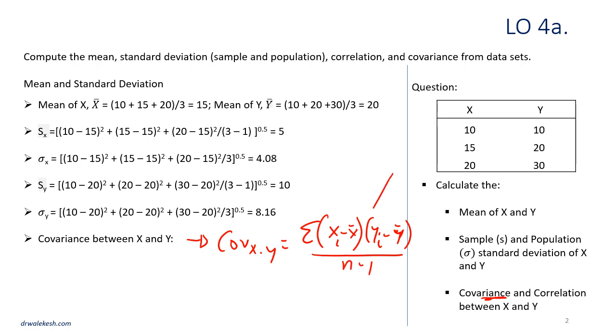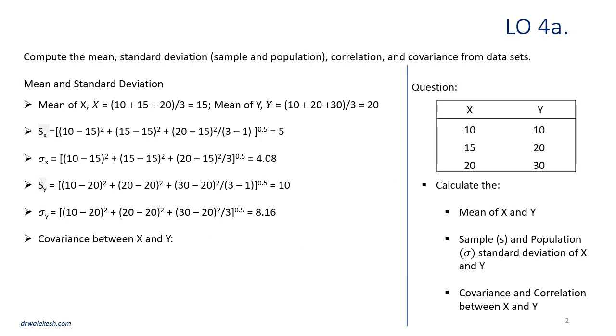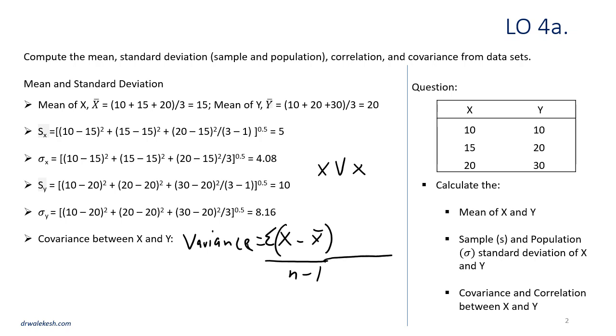In case you are struggling with this formula, a better way to recall it is to recall the formula for variance. Variance is the summation of x minus x bar squared, all over n minus 1. But when it comes to variance, let's say the variance of x, here x is moving against x. Just so that we are all on the same page, if I expand this, I can expand it as x minus x bar times x minus x bar.